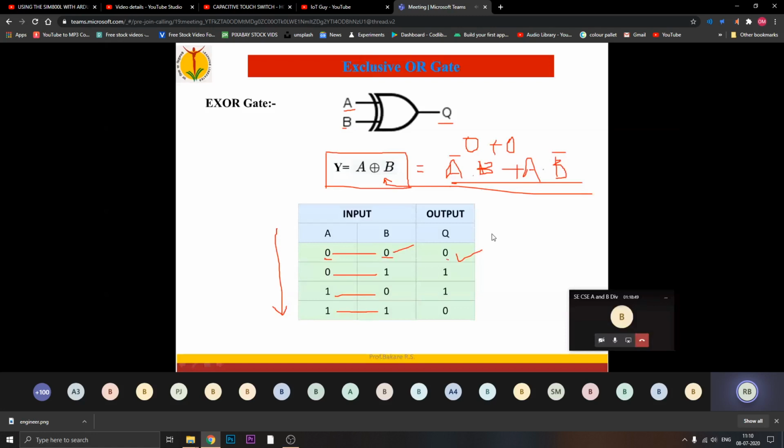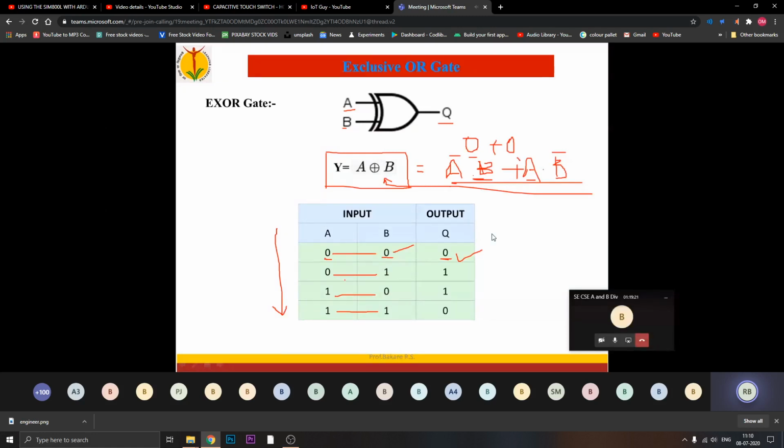I hope friends you understand the first case. A complement into B, here B value is 0, and 0 into anything gives 0. Second, A into B complement, but A value is 0, so the second term is also 0, and the result is 0 plus 0 is 0, right?